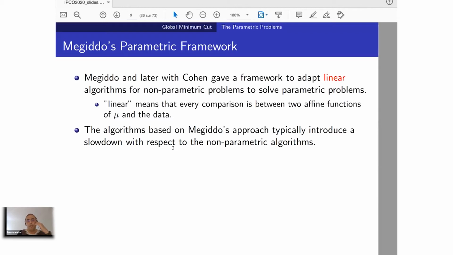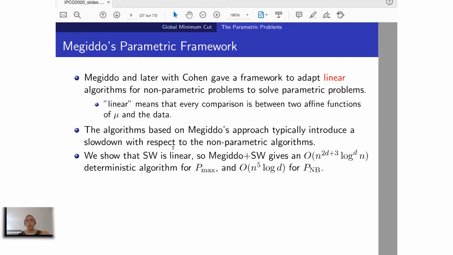In general, Megiddo's trick introduces a slowdown with respect to the non-parametric algorithm, so in general they are not optimal, in the sense that they are not tied with the best algorithm to solve the non-parametric problems. We show that the standard Stoer and Wagner algorithm is linear, so this is not difficult.